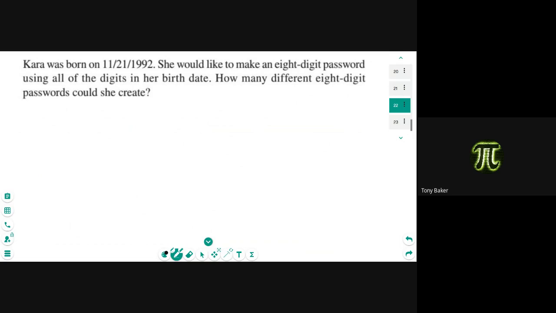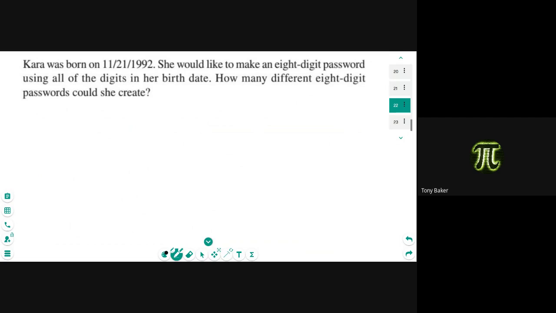All right, last one. Kara was born on 11/21/1992. She wants to make an 8-digit password using all the digits in her birth date. How many different 8-digit passwords can she create? So does order matter?